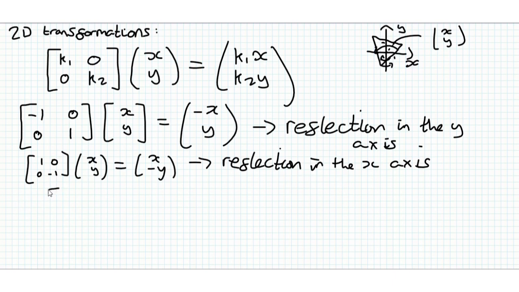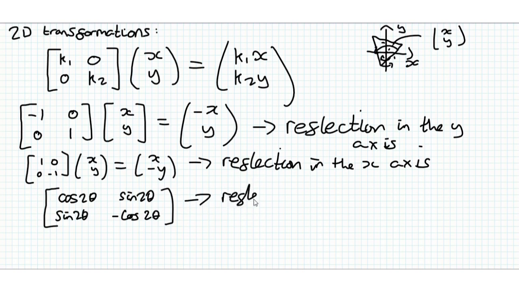In general, the matrix cos 2θ, sin 2θ, sin 2θ, -cos 2θ gives a reflection in the line y = x tan θ.